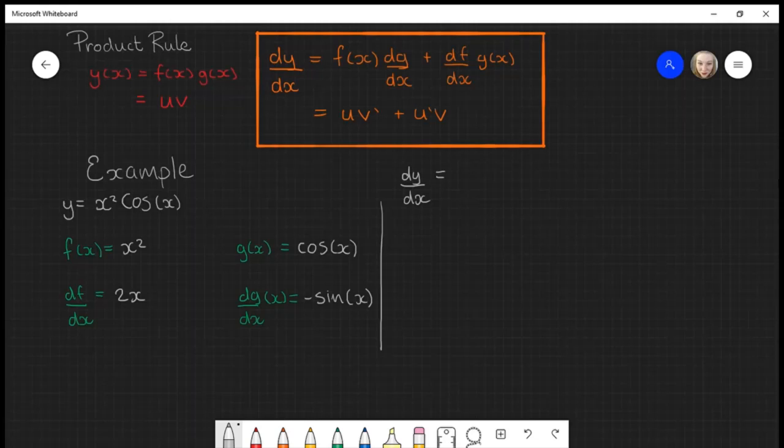Using the formula, it's f(x) times dg by dx. So I'm going to put the minus sign in front. That becomes minus x squared sine x plus df by dx times g(x), which is 2x cos x.